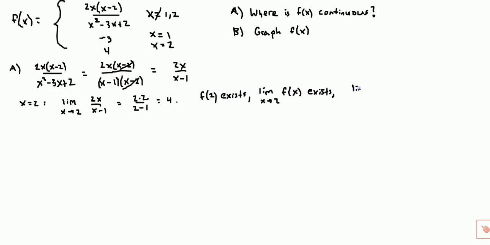And the limit as x approaches 2 of f of x is equal to f of 2. And remember, this is just saying this limit is equal to 4, and f of 2 is equal to 4. And those two things are equal. So we meet the three criteria of continuity, so it's continuous at x equals 2.